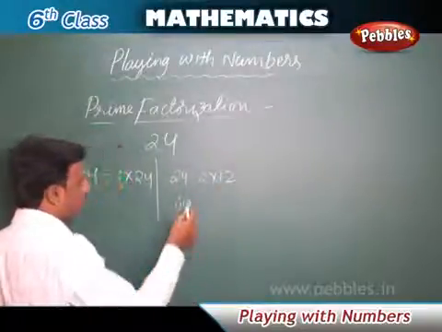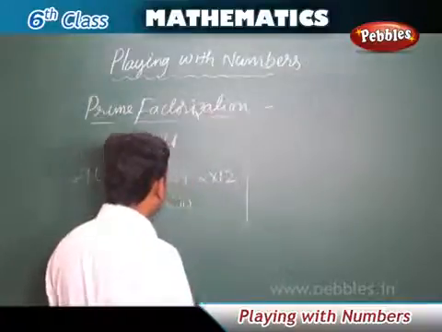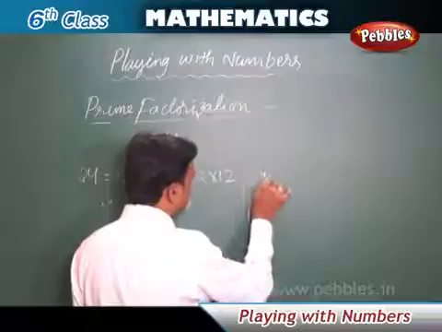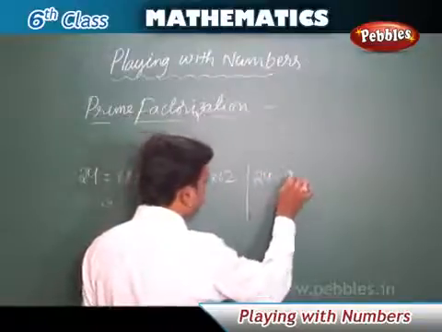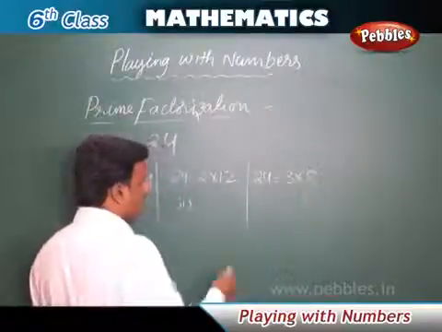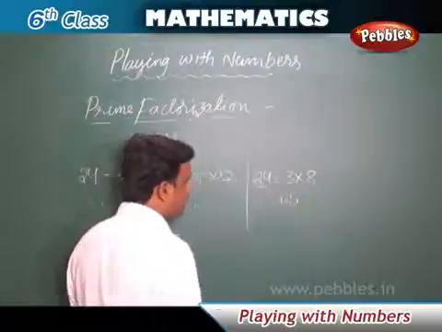So we have written 24 as a product of 2 and 12. Now we take the third instance, 24 is equal to 3 into 8. 3 eights are 24. So here we have written 24 as a product of 3 and 8. This is the third way.